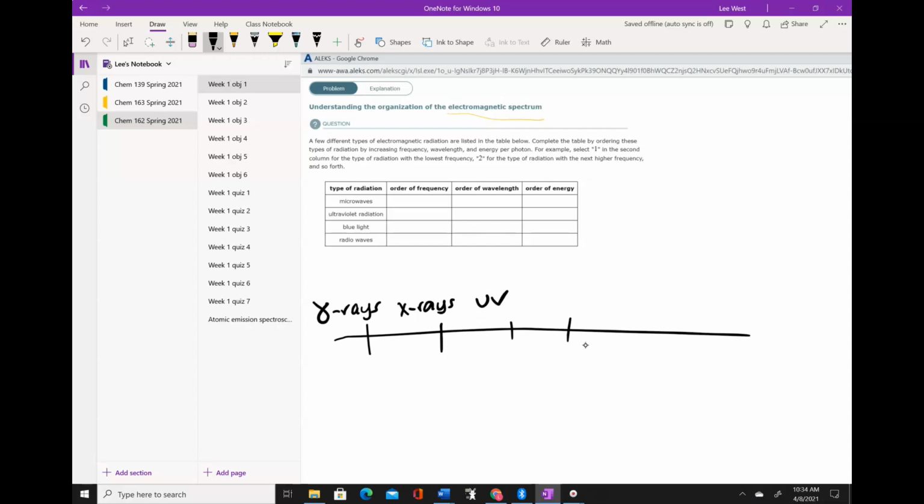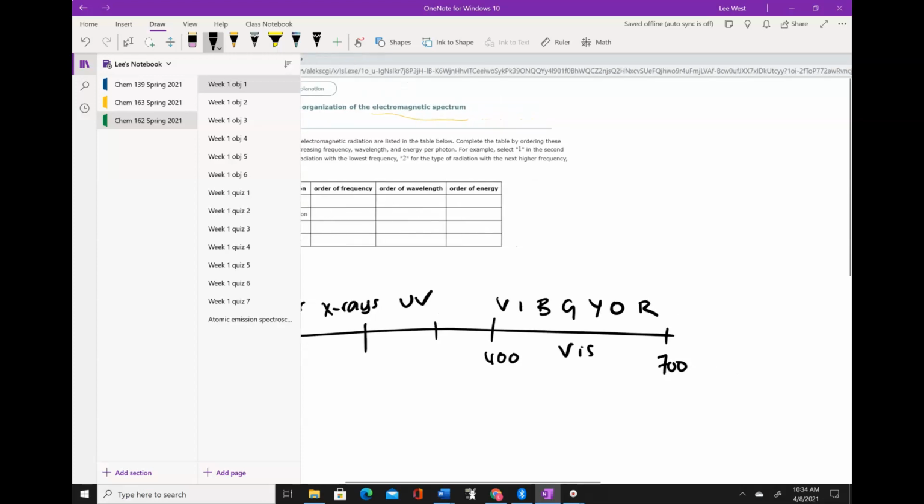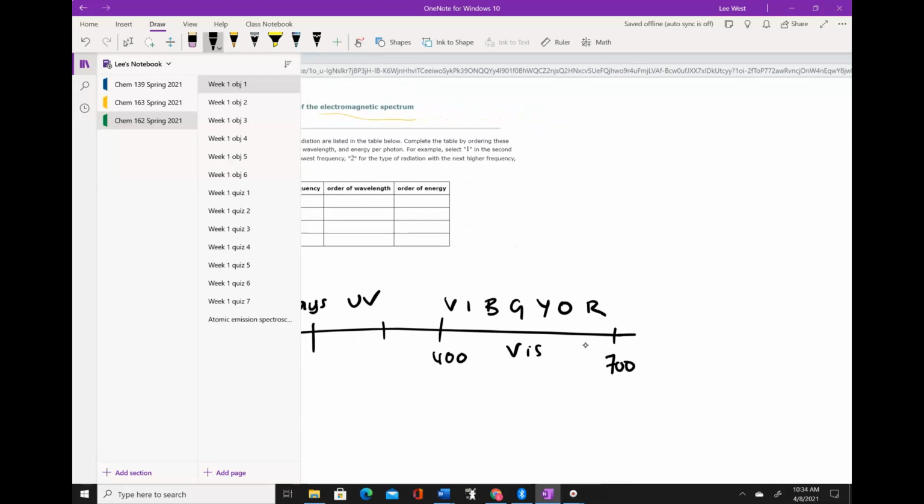And then we enter into the visible region, which is around about 400 to 700 nanometers. And that goes violet, indigo, blue, green, yellow, orange, red. And then beyond the visible, we have the infrared, followed by the microwave.